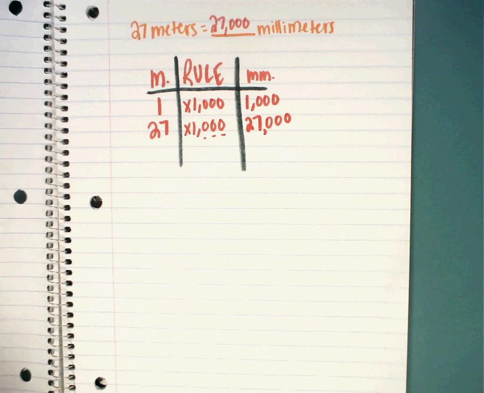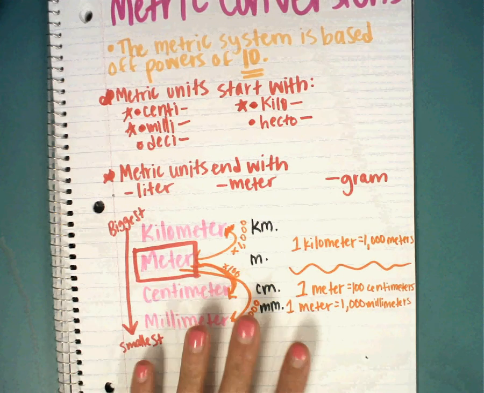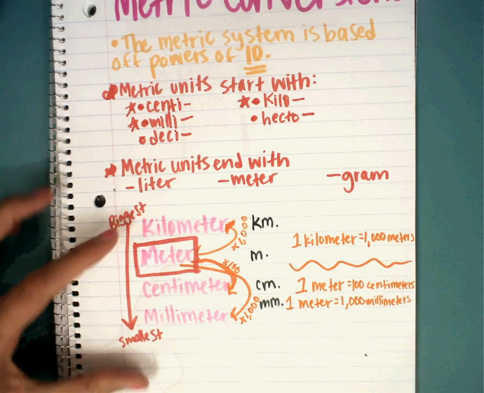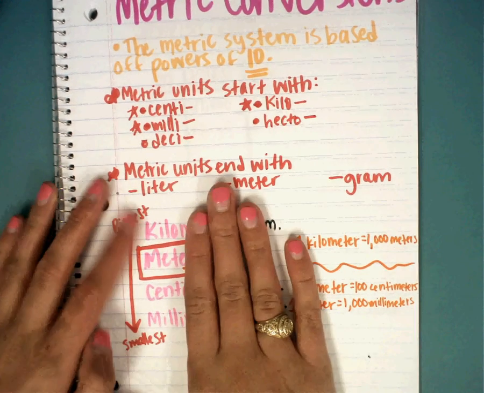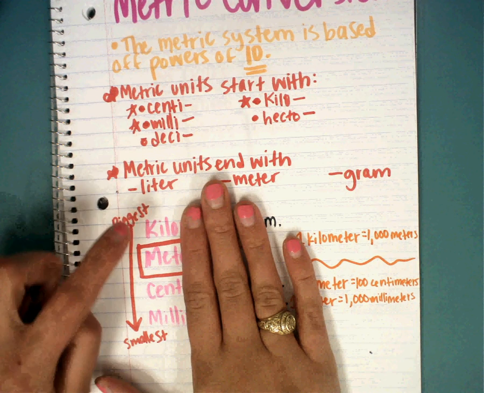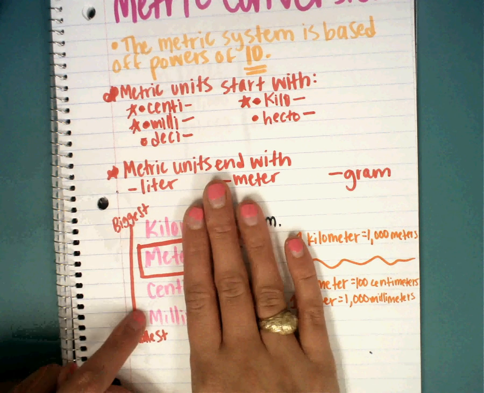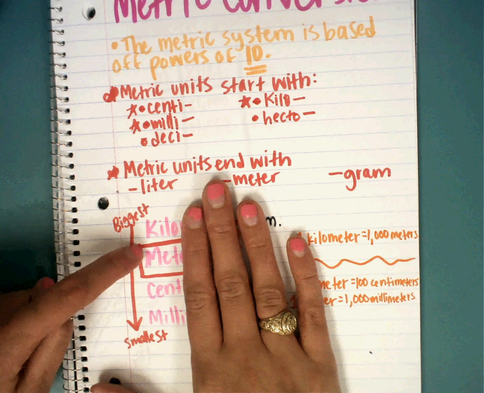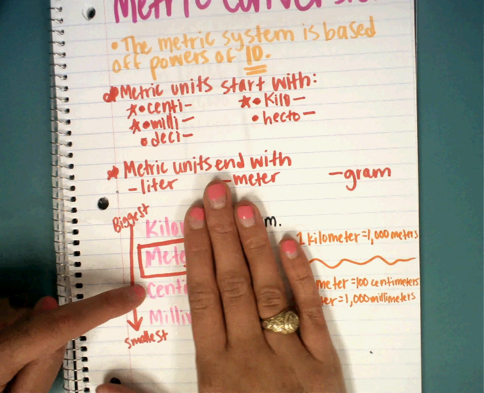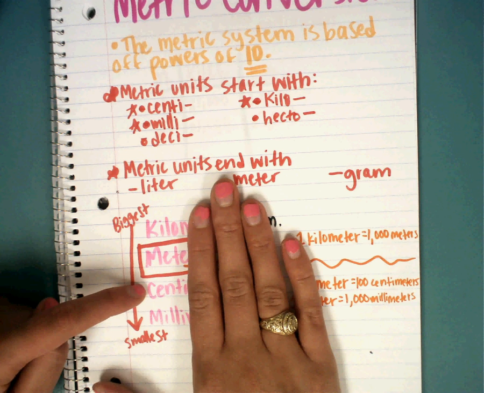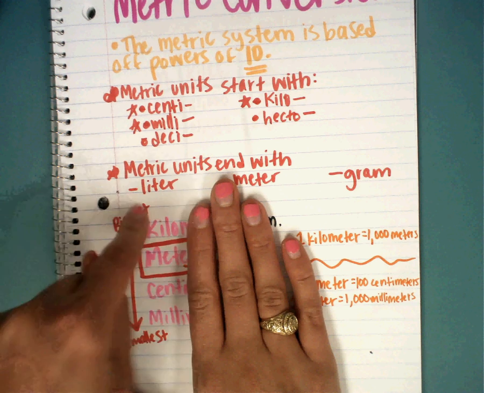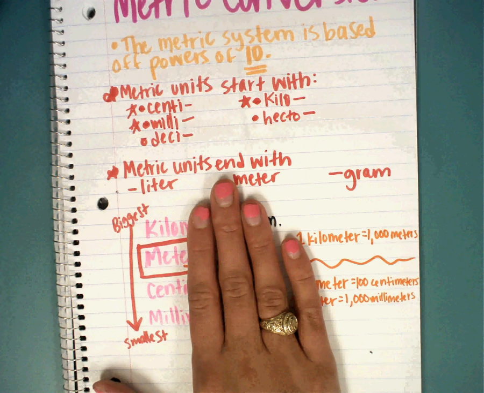Try to study these right here and make sure that you're familiar with at least these 4. And remember that this really just goes for anything ending in, so kilo will always be the biggest, milli will always be the smallest, your baseline will always be right here, and then centi will always be right before milli. No matter if it ends in meter, liter, or gram, it's always going to go biggest to smallest in this way.